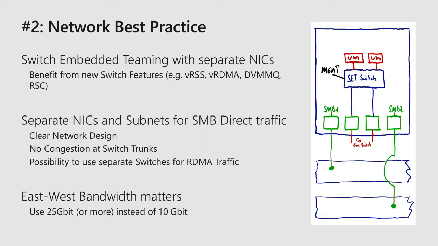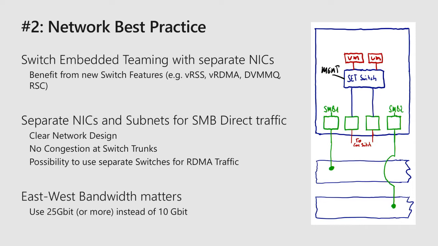So I like to separate the SMB adapters. I like to have two separate SMB networks. The reason for that is, if we have SMB1 in a separate IP network, all the network cards in the different hosts are in the same switch.